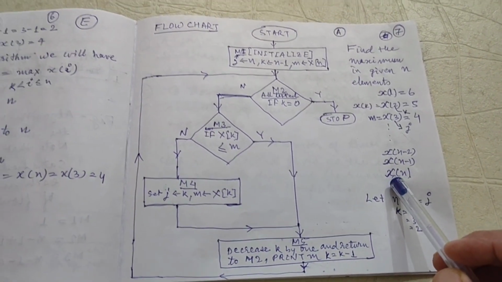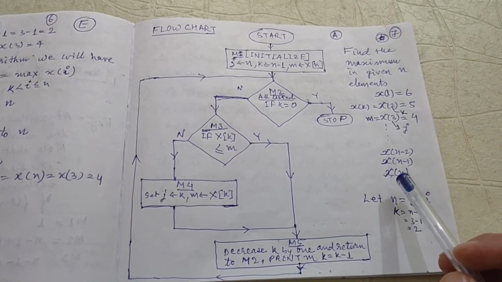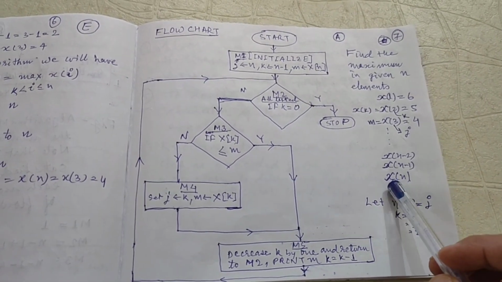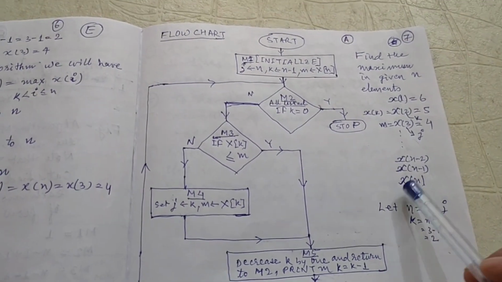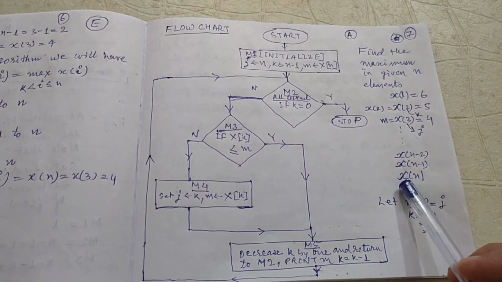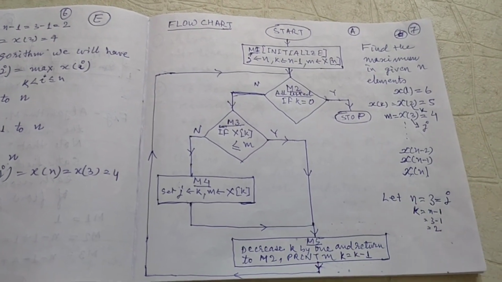Xn is not necessarily the largest number, but xn is the last number. It may be the largest or it may not be, depending upon the input we are giving.